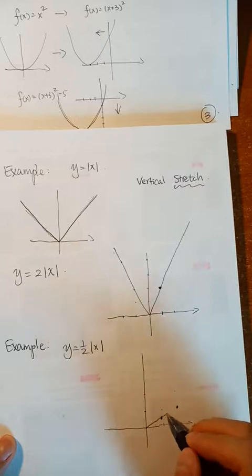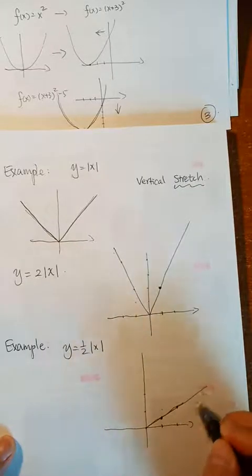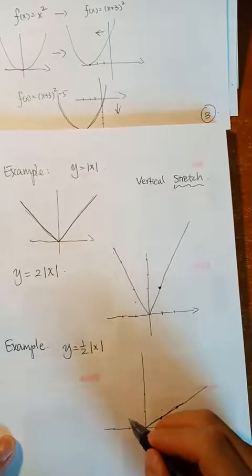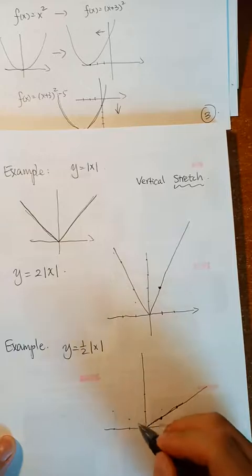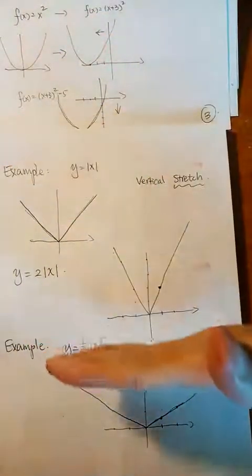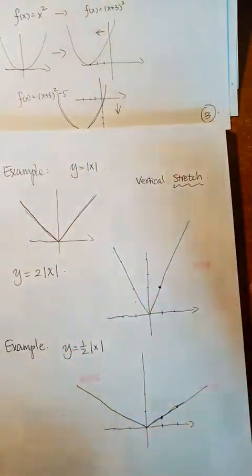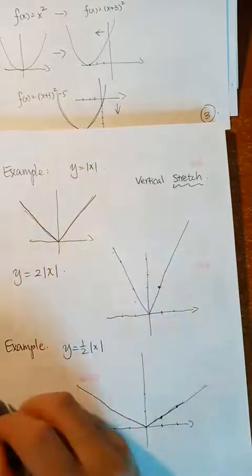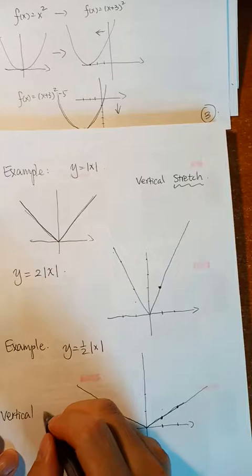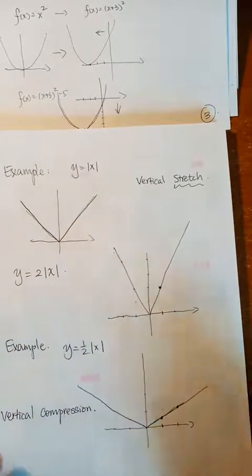So it's still a straight line, but it's more flat. And a similar thing happens for the negative part: 1/2 and 1. So you compress the graph along the y direction, or vertically. So this is a vertical compression.